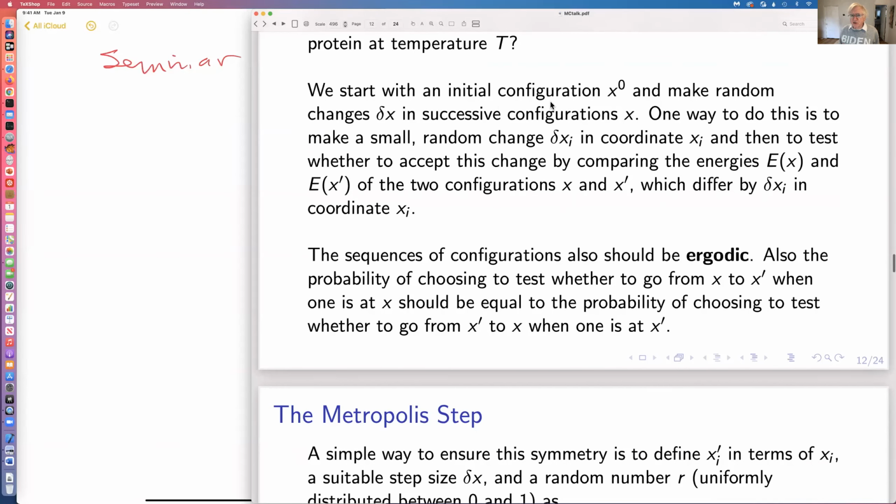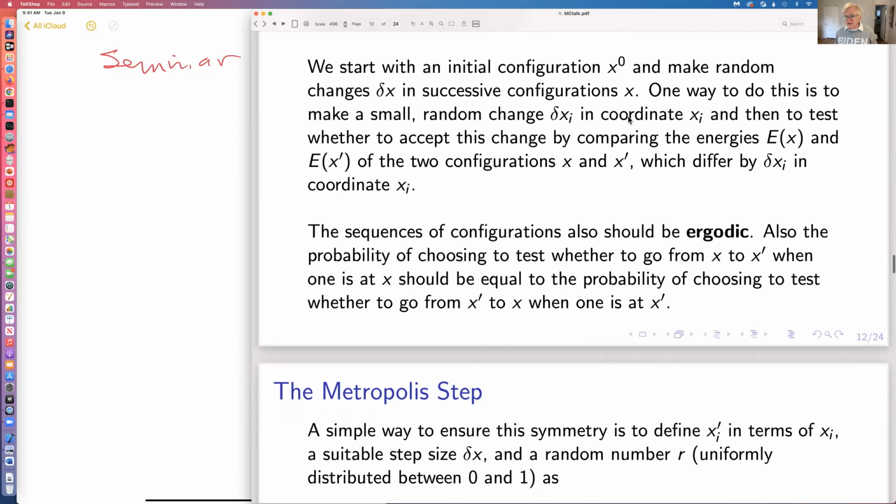So what one would do is start with an initial configuration x0 and make random changes delta x in successive configurations x. X, remember, is a 3n vector. And let's say there are 1,000 amino acids, and each amino acid has, let us say, 100 atoms. Then that's 10 to the 5th coordinates.